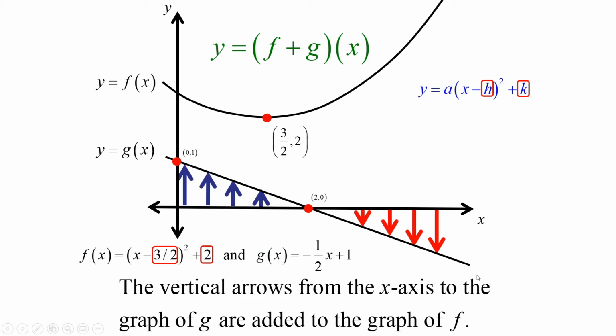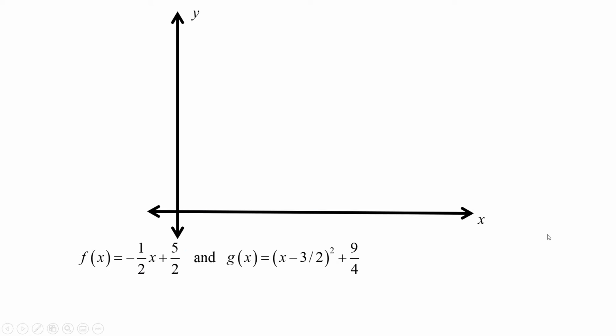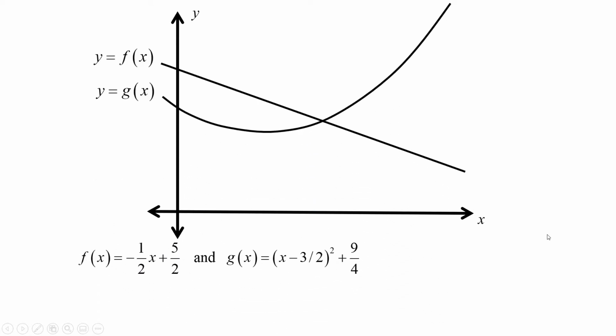We talked about the vertical arrows from the x-axis to the graph of g, and we just added those values to the graph of f to get f plus g. Now here, we're doing the difference. So instead of vertical arrows from the x-axis, we do the vertical arrows between the two graphs.